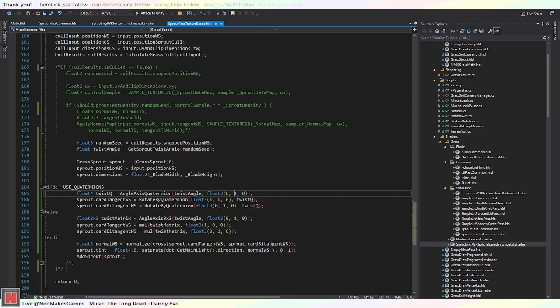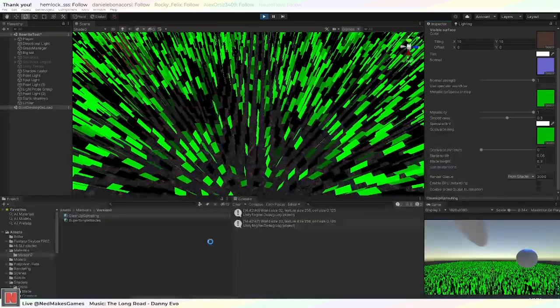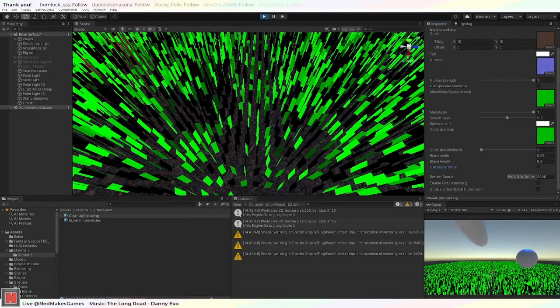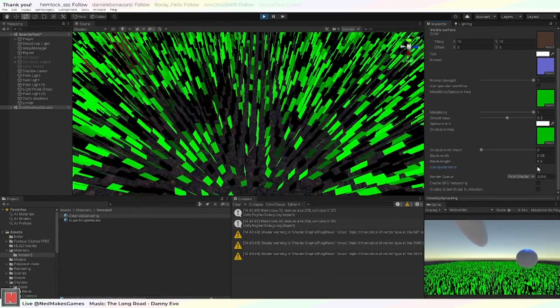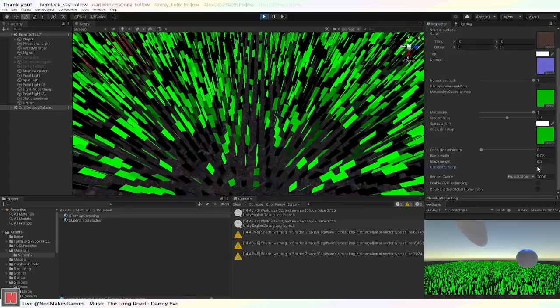I wonder if I just did that to reflect the angles, if it would be equal. Okay, that did kind of help. Now the only thing that's changing is the color because the normal vector is being reflected.